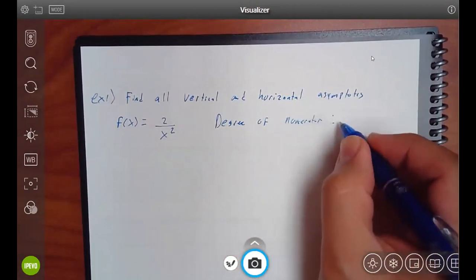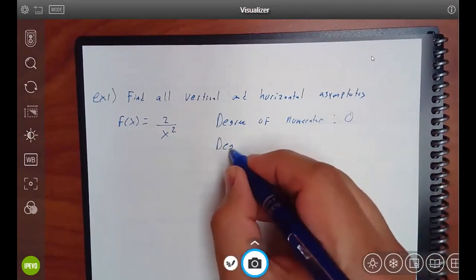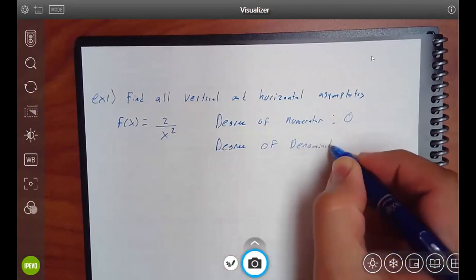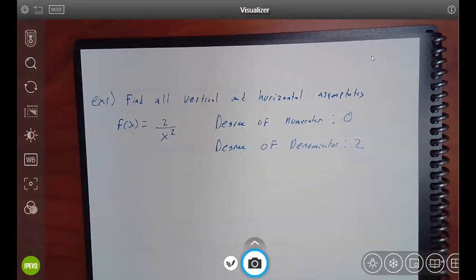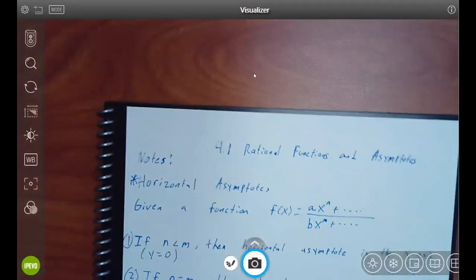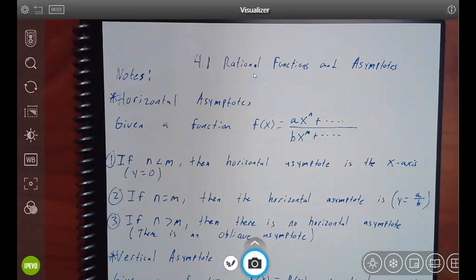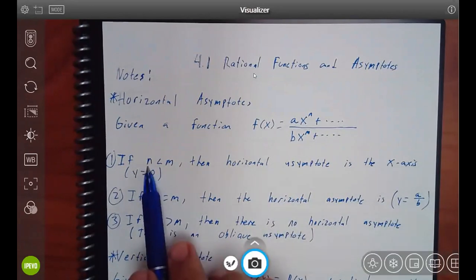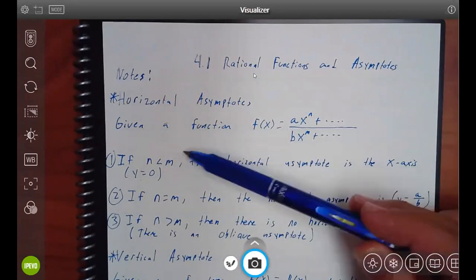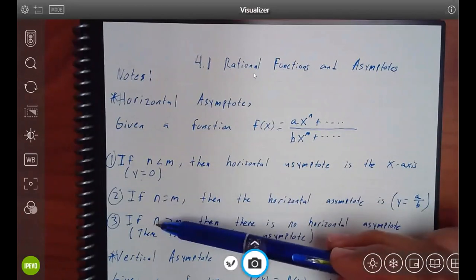So the degree of the numerator is 0, and the degree of the denominator is 2, right? Now look at the list of notes. What scenario do we have? n is the degree of the top, m is the degree of the bottom. Is the top smaller than the bottom, or bigger than the bottom?